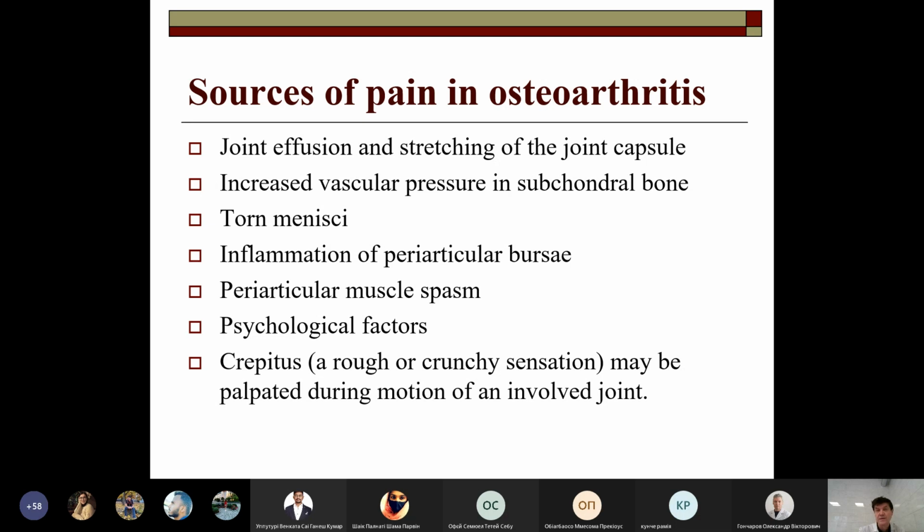Periarticular muscle spasm is the next component which can be noticed in the patient. Indeed, in the majority of these patients, muscle spasm is considered to be the major factor contributing to recurrent pain around the joints, especially when they have a coincidence of periarticular bursa destruction and back pain.